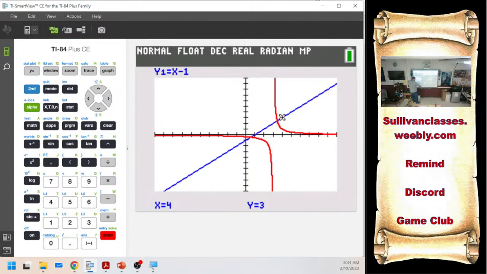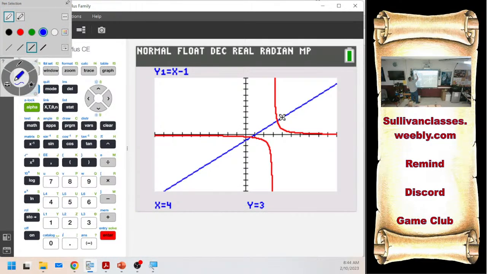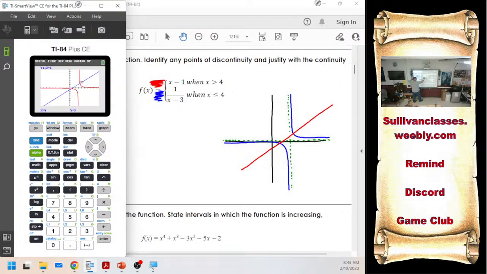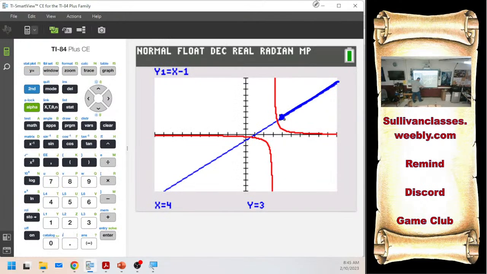And I say I'm going to start here and follow that line. And I'm going to follow this one only when x is less than 4. So I go to where it hits 4, and I'll follow this guy.